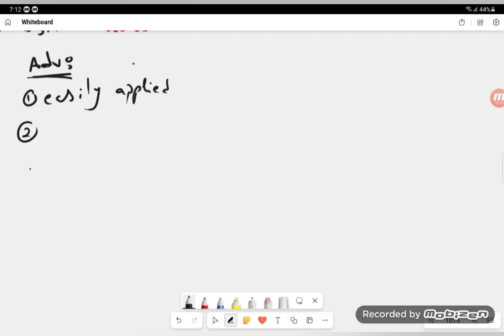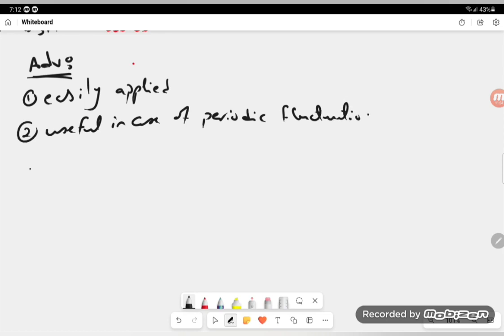So any periodic fluctuations will appear in this calculation of the trend. Number 3, doesn't show different results by different users.